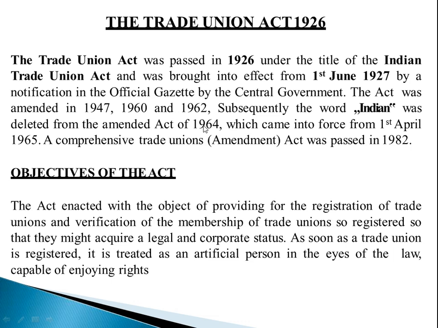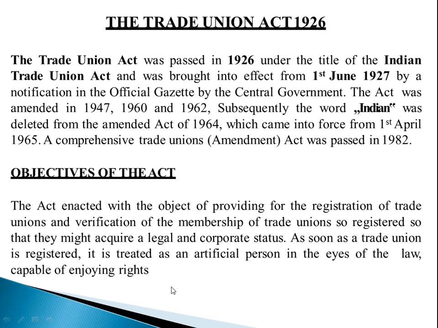That is the main purpose of this act: how many people can be in the trade union, whether the trade union is registered properly according to the norms provided, and what registration procedures they legally have. All these things are explained in the Trade Union Act.